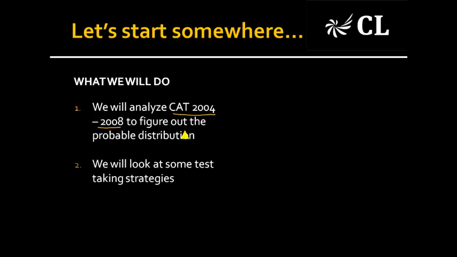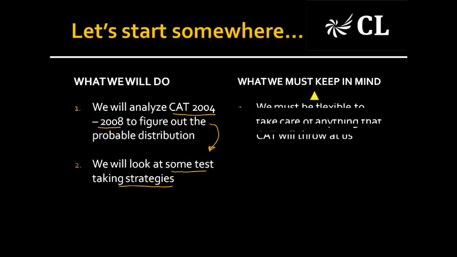Once we do that, the next thing that we'll do is we'll look at some test-taking strategy based on the conclusions that we drew from here. But we'll keep certain things in mind. One is, whatever we are doing is based on assumptions. Therefore, we must be flexible to take care of any surprises the CAT might throw at us. So we'll not keep a very rigid strategy.